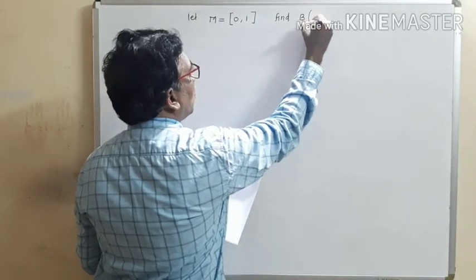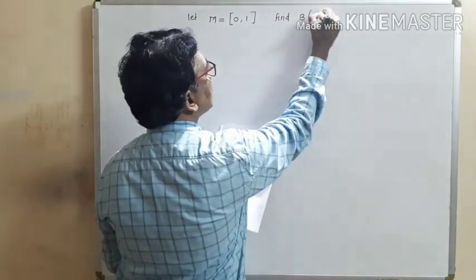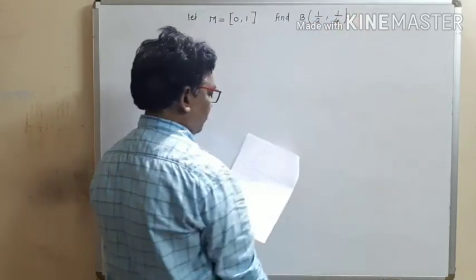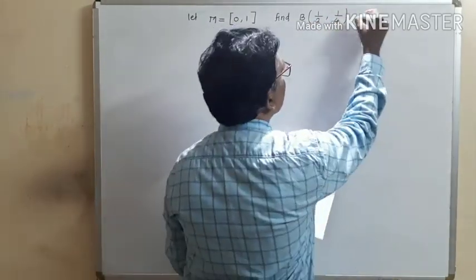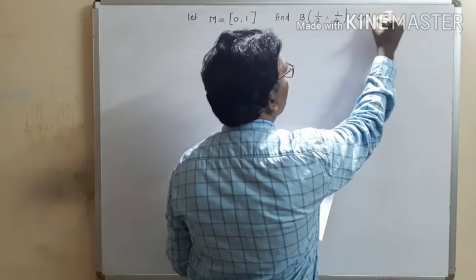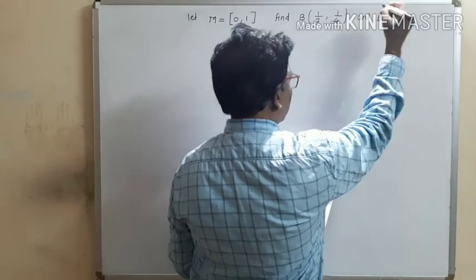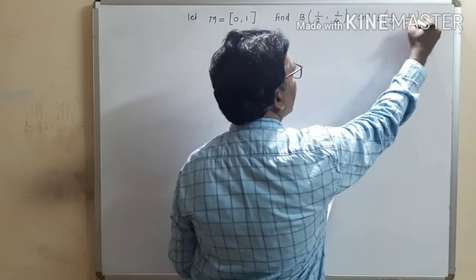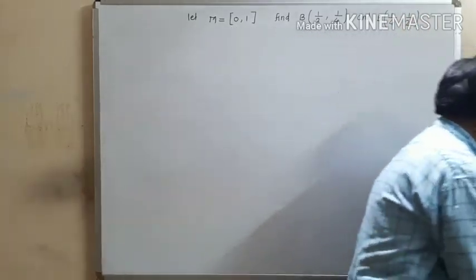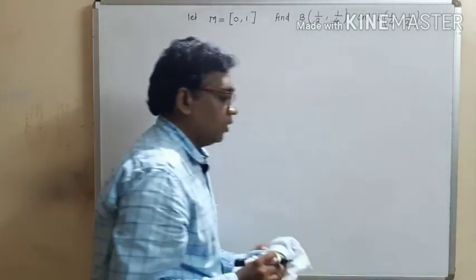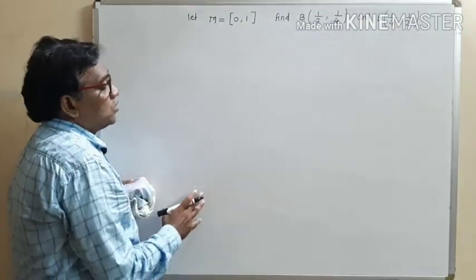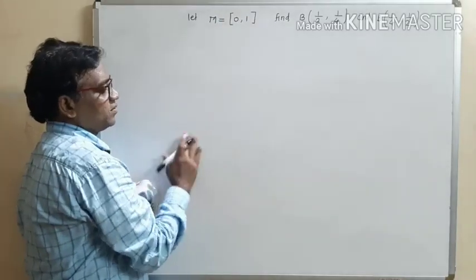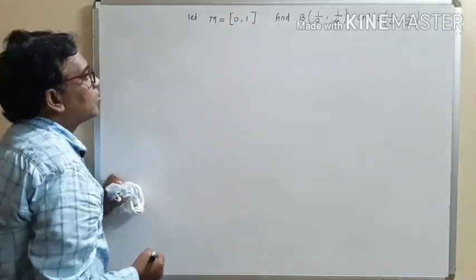Then find the open sphere B with center at 1/2 and radius 1/4, and find the next open sphere with center at 1/4 and radius 1/2. So let us find out these open spheres in this metric space. So write down the solution.